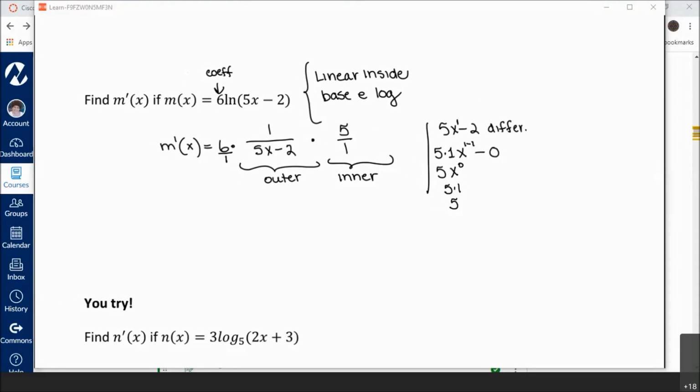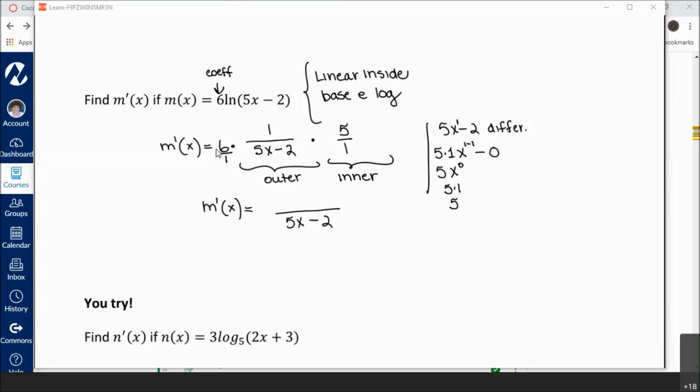So what's in the numerator of this derivative? Anybody? I know my denominator is 5x minus 2 times 1 times 1, so 5x minus 2. What goes upstairs? 30. This is 6 over 1 times this fraction times 5 over 1.